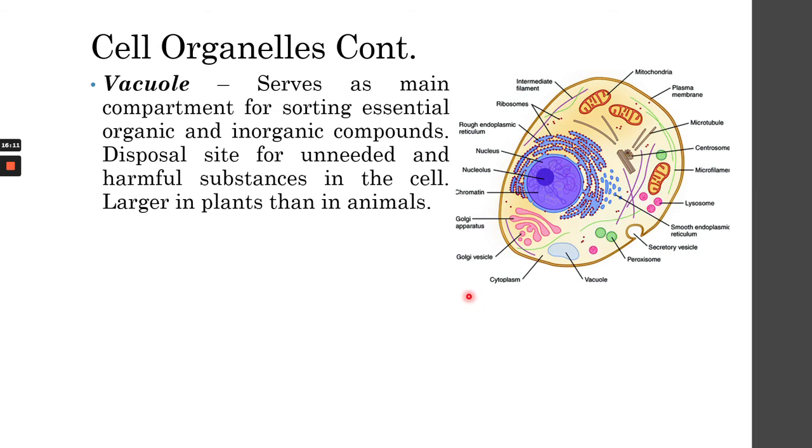Next, vacuole. So vacuole serves as the main compartment for sorting essential organic and inorganic compounds. You can think of it as the basurahan ng ating cell, because this is the disposal site for the unneeded and harmful substances inside the cells, and they are larger in plants than in animals.